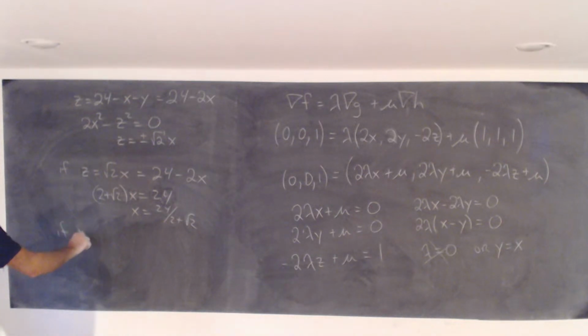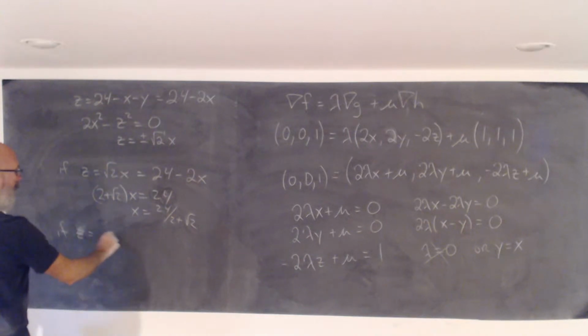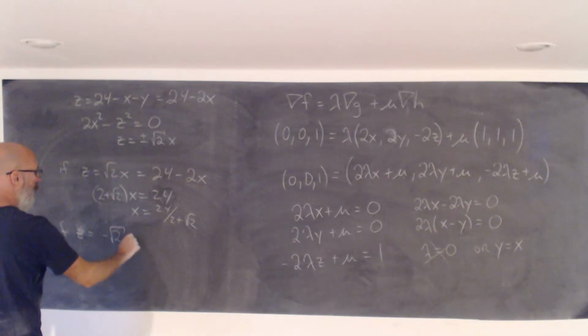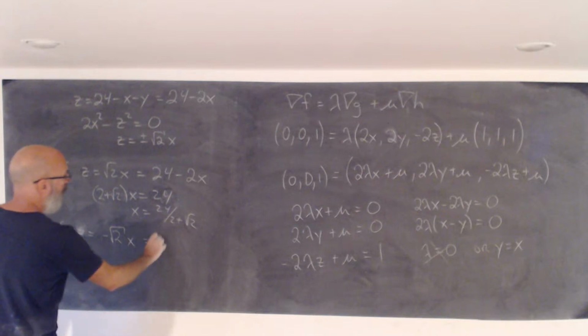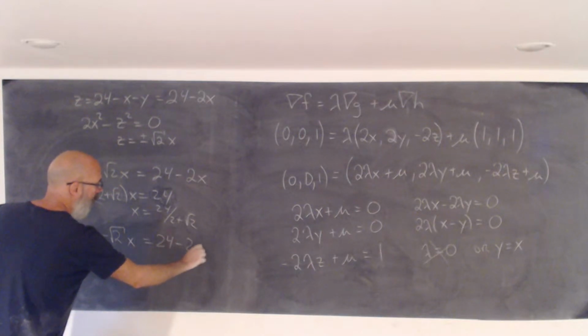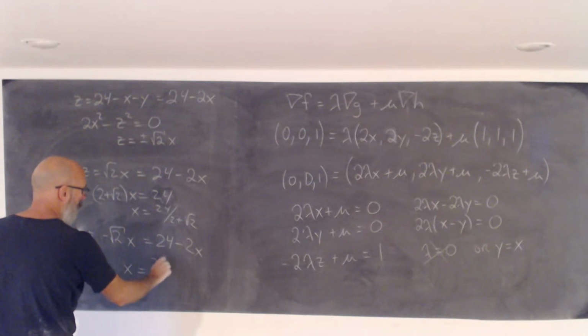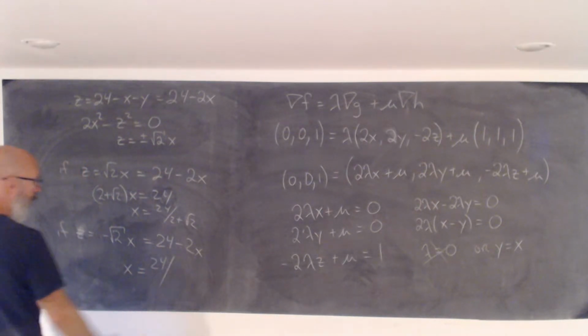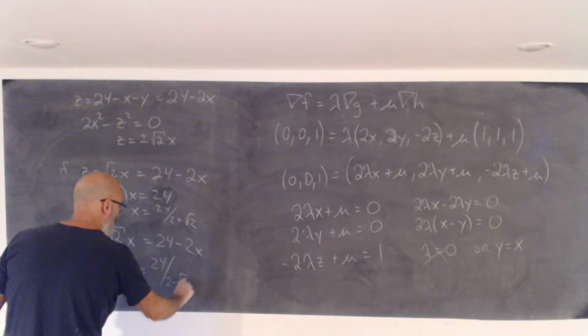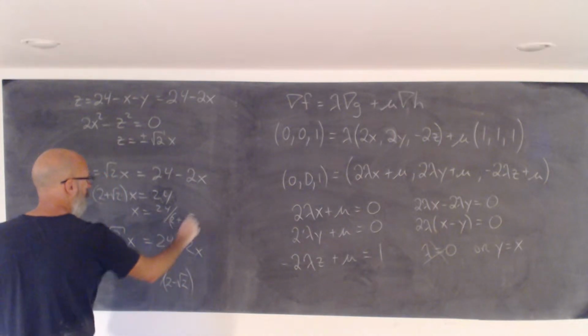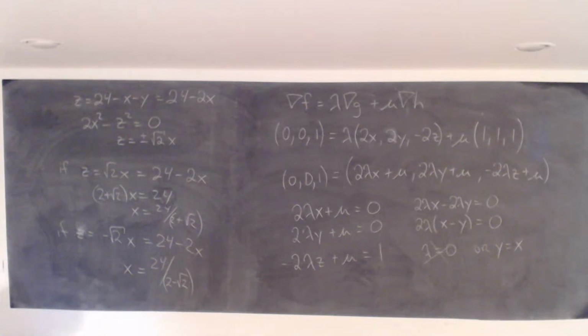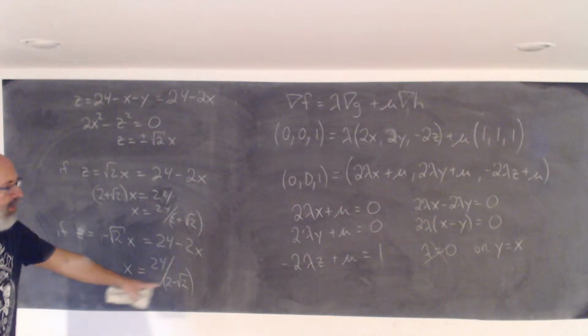And if z rather is minus root 2 x, and that's still 24 minus 2x, so it's easy to see here that x is 24 over 2 minus root 2. So that's what x is.